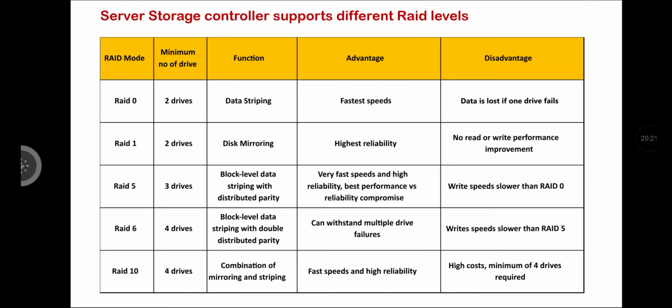If someone wants fast speed, you can recommend RAID 0. For highest reliability, go for RAID 1. If someone is looking for very fast speed, high reliability, and the best performance versus reliability compromise, go for RAID 5. And for fast speed with high reliability, go with RAID 10.